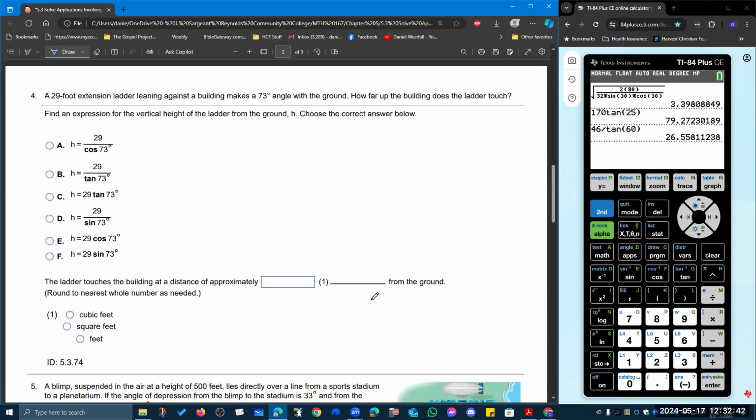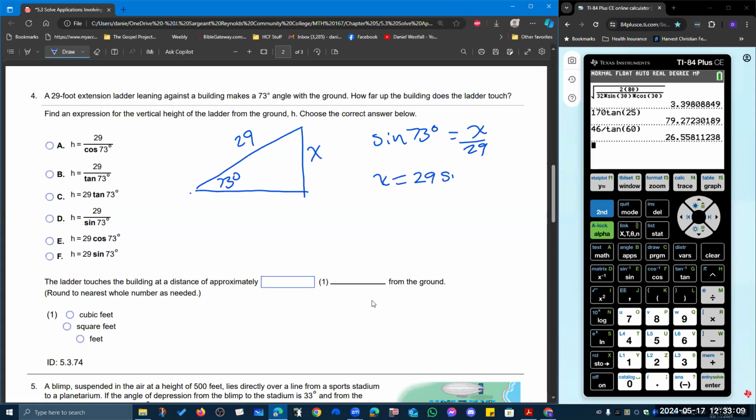A 29-foot extension ladder leaning against a building makes a 73-degree angle with the ground. How far up the building does the ladder touch? So we want sine of 73 degrees is equal to x over 29. x is equal to 29 times sine of 73 degrees.